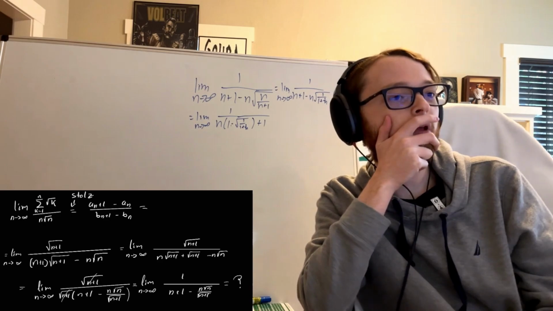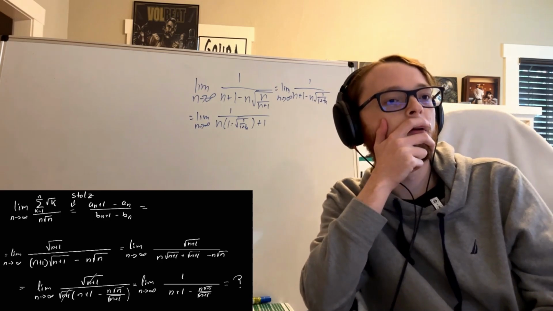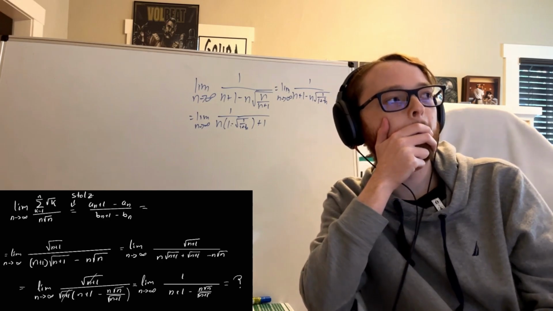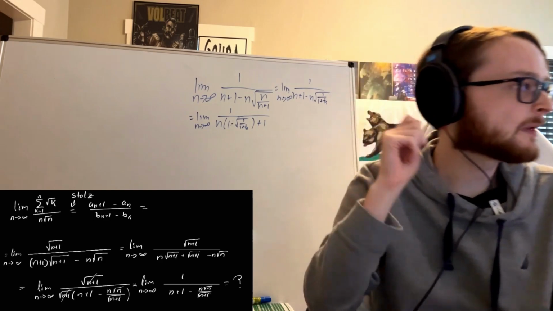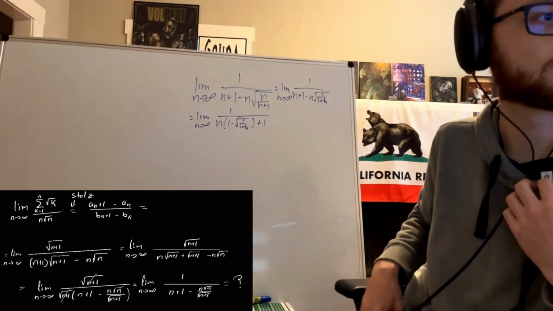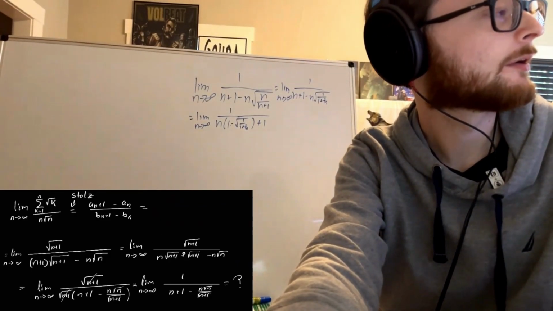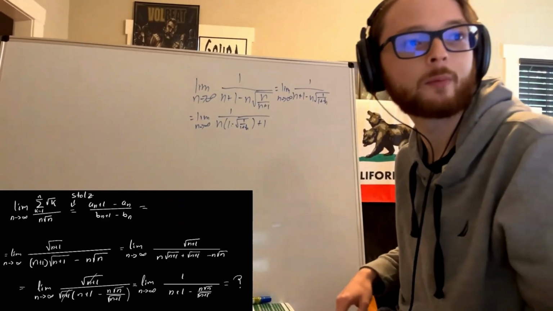The square root makes things kind of hard. Maybe there is something completely different that we could do. I'm gonna take maybe this stage right here and go about it a little bit differently.